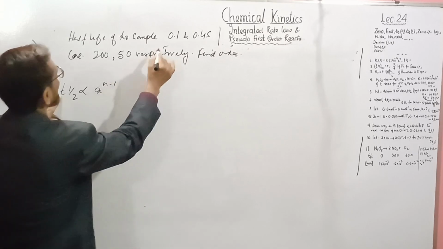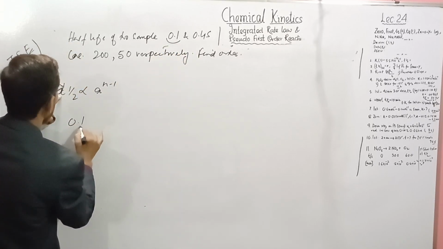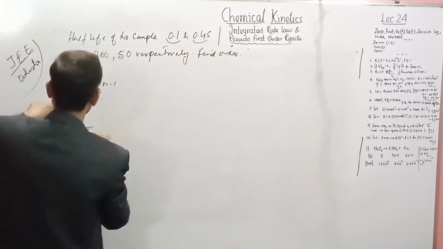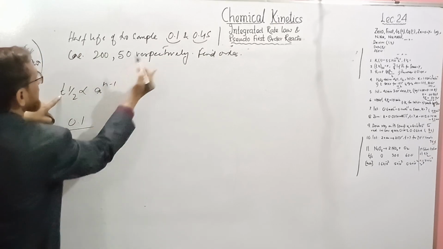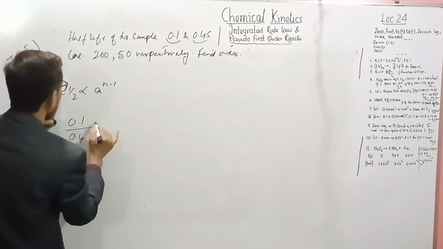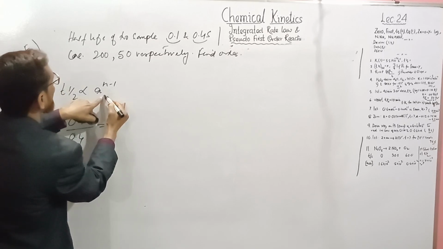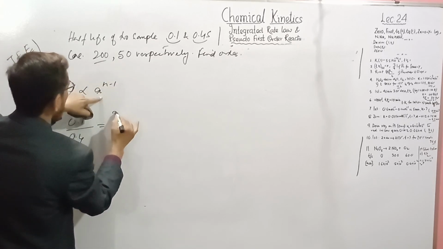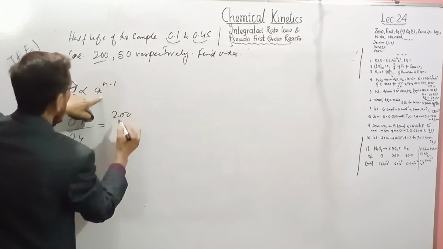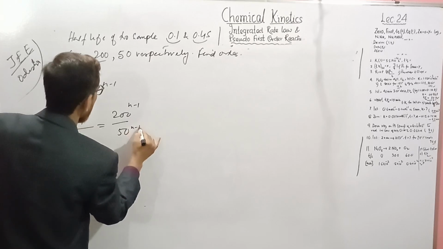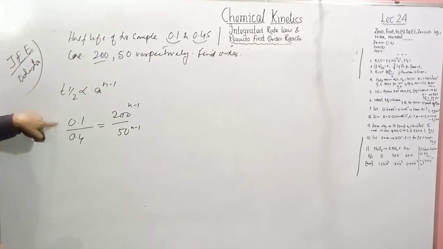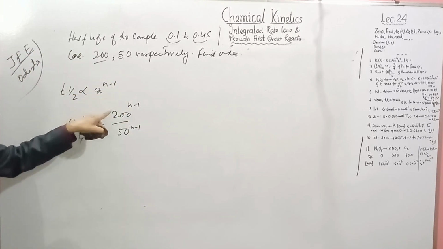So t half of the first, 0.1, divided by t half of the second, 0.4, is equal to the ratio of concentrations, 200 and 50, the initial concentrations, to the power n minus 1. From this relation we are taking two sets and dividing one set by another.